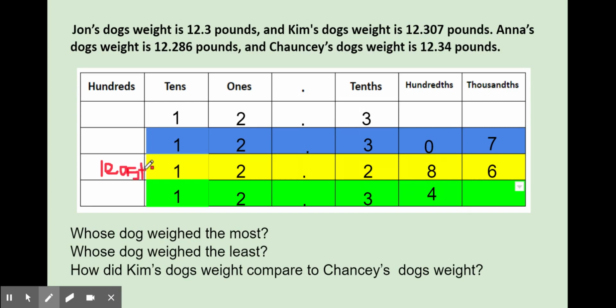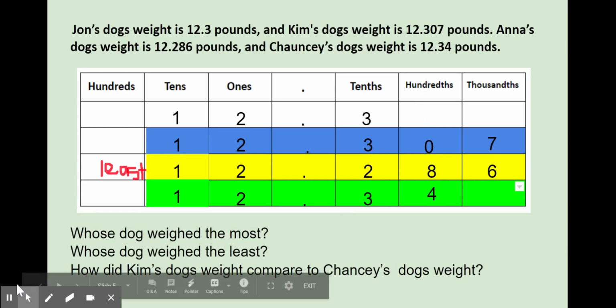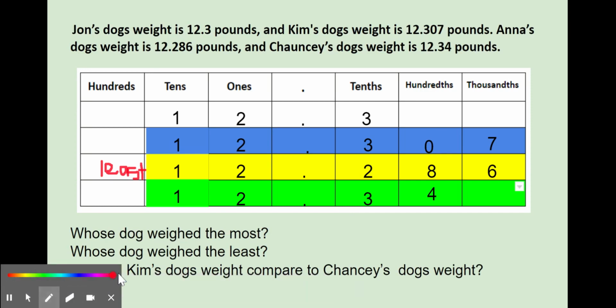All right, so we're no longer comparing this number because we know that this number is the least. So going back to our tenths place, we have 3, 3, 3, so we'll move on to the hundredths place. And remember 8, we're not looking at 8 anymore because we know that that number is the smallest.